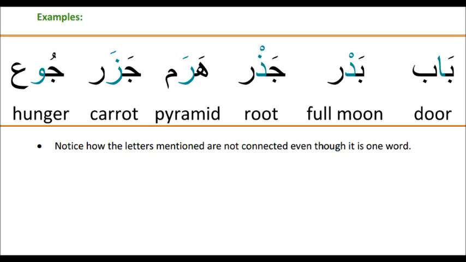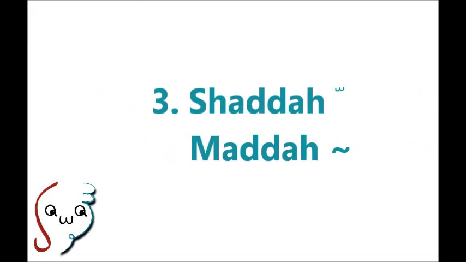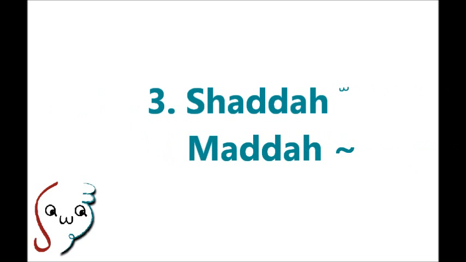So I think that would be the reason. I'm not really sure, but I guess so. Okay, so even though these letters are not connected from the left, we can still build a word. Okay, let's move to Shaddah and Maddah.